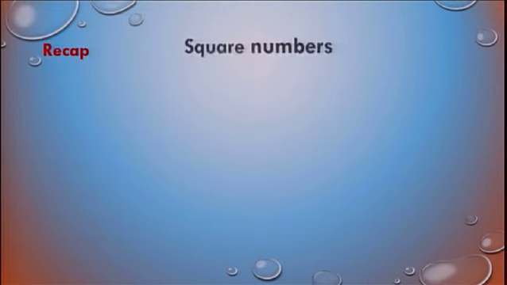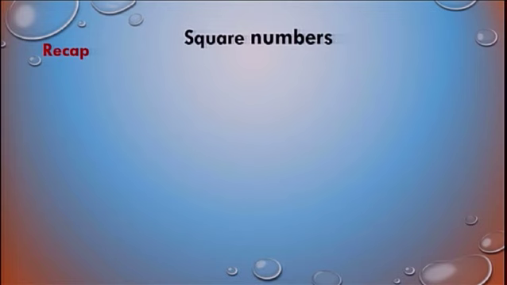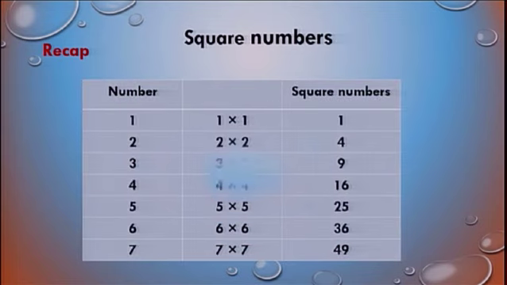So students, let's begin with square numbers. This is something that you have already learned in grade 7. Consider the number 1. If we take 1, we multiply it by itself. 1 times 1 is 1. If we take the number 2, we multiply it by itself. 2 times 2 is 4. Similarly, 3 times 3 is 9, 4 times 4 is 16, and so on.